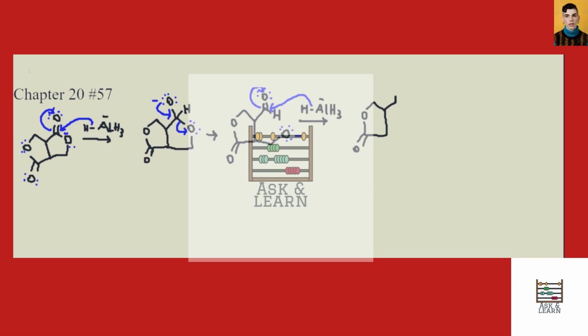And so now we have an alkoxide there as well. So now we have 2 alkoxides here. Okay. So now we're just going to do the exact same thing again with the other side.